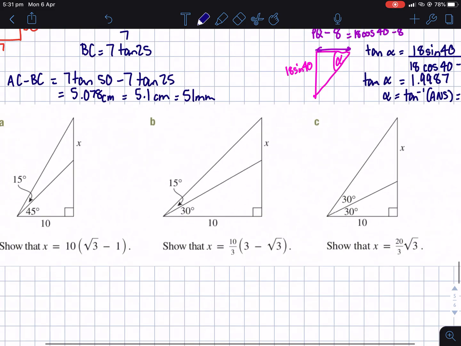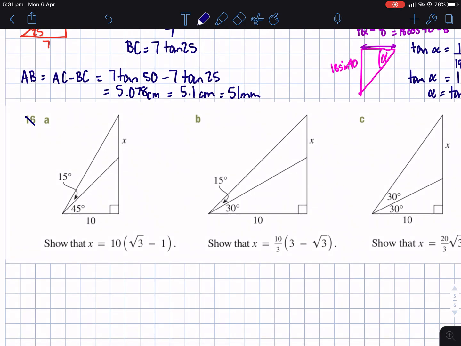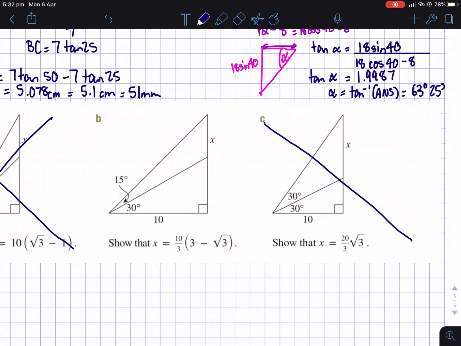Wow, squeeze that in. Okay, for 16 I only wanted us to do B. Oh, okay. Wow, I like this question. I'm going to start off by finding this whole length.